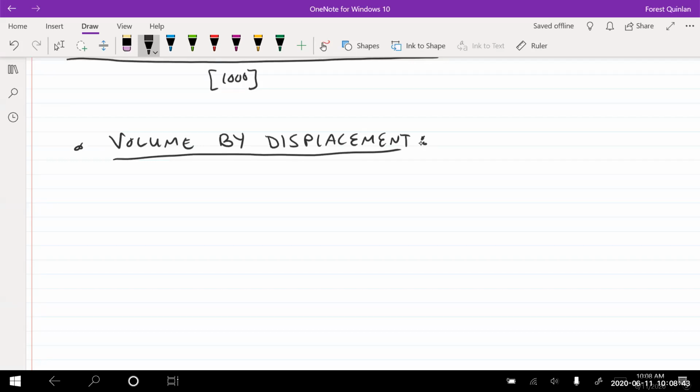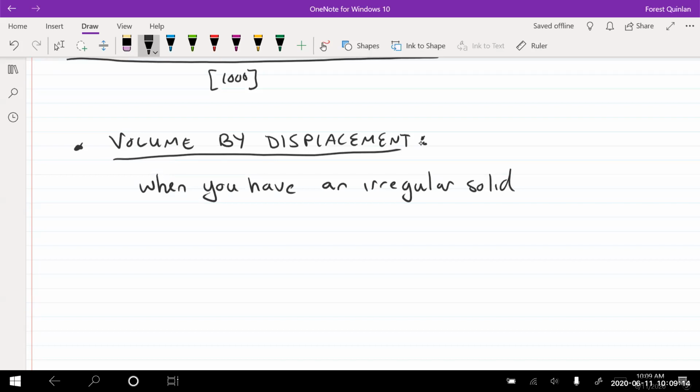The first one was defined as volume by just calculating the dimensions. Yes, but what if you can't? So volume by displacement is when you have an irregular solid.